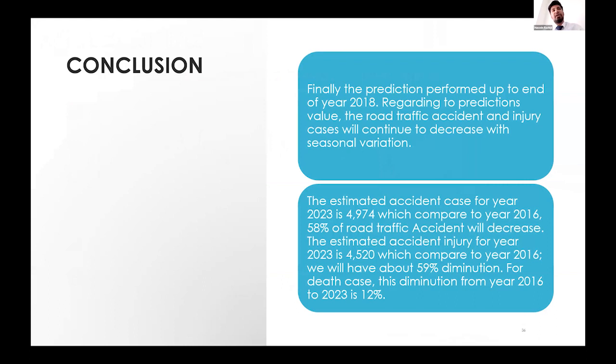I cannot tell you the causes of why it's going down, because I just tried to forecast it. But we know it's because of the quality of the cars, because the roads are getting better, and the government is working harder on giving licenses to people, so it will have a good result.